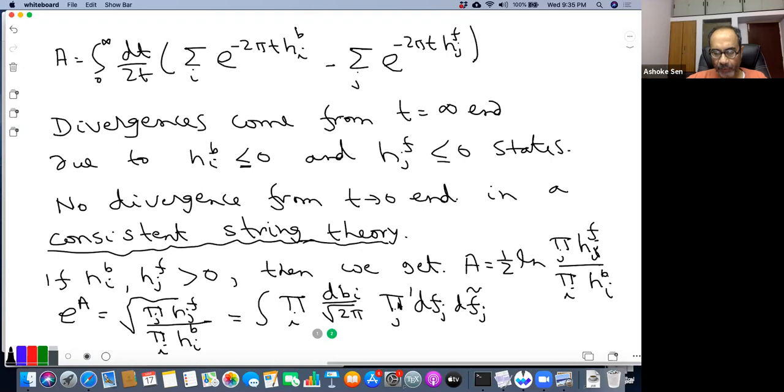So this product runs over half the values that you see here, because you have doubled the number of variables. And then you have an exponential of minus half sum over I HIB times BI squared, plus sum over J HJF F tilde J FJ.